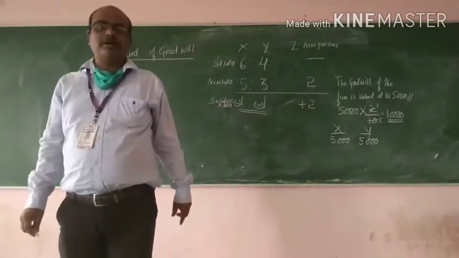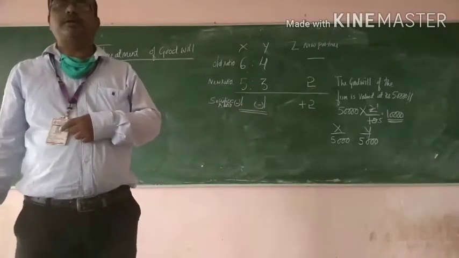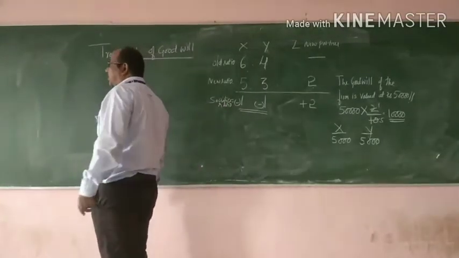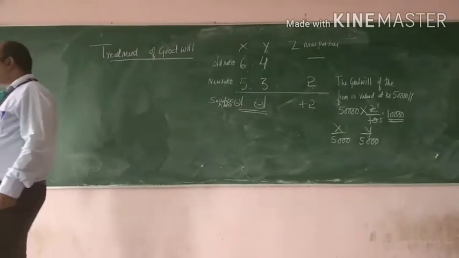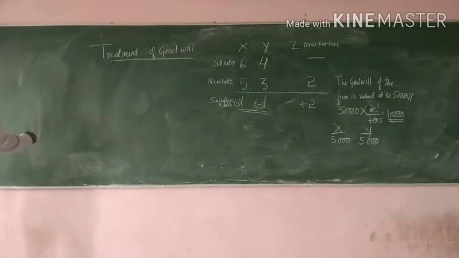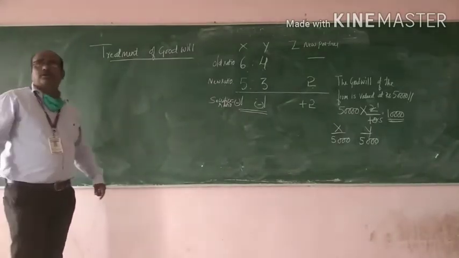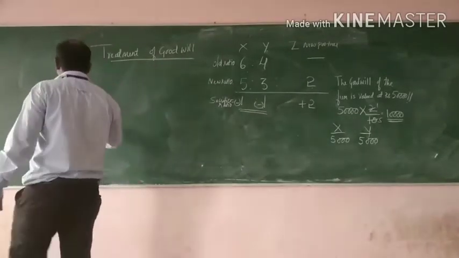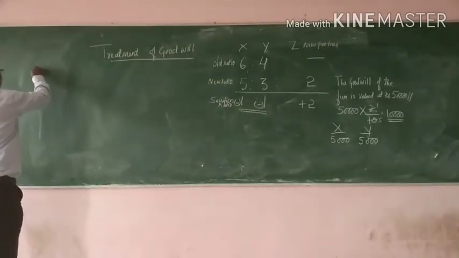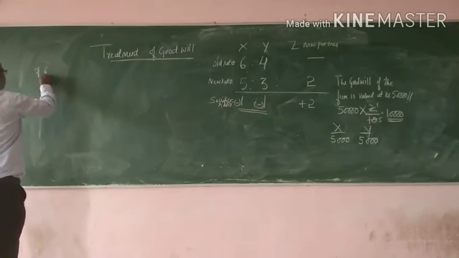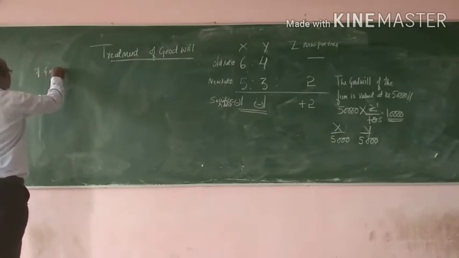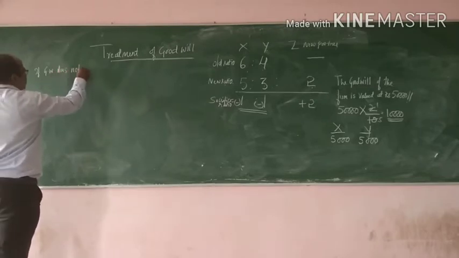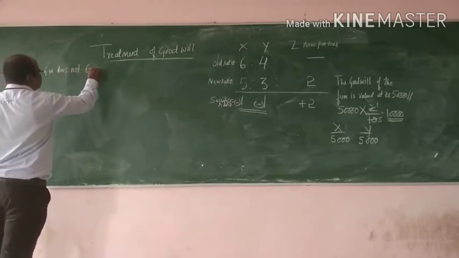Now let us see the journal entries that have to be made if the new partner brings goodwill in the form of cash. There will be two cases. One is if goodwill does not exist in the balance sheet.